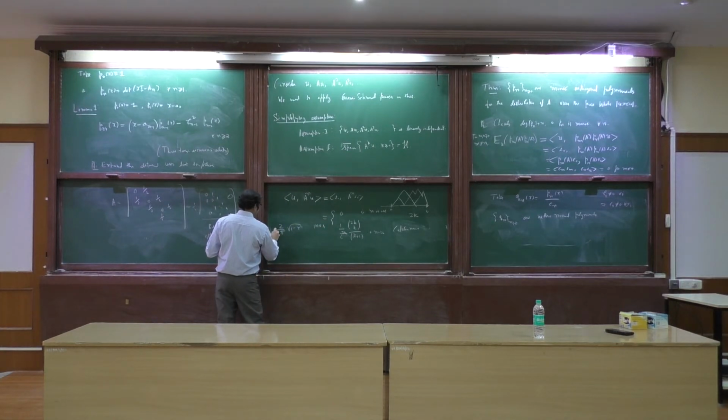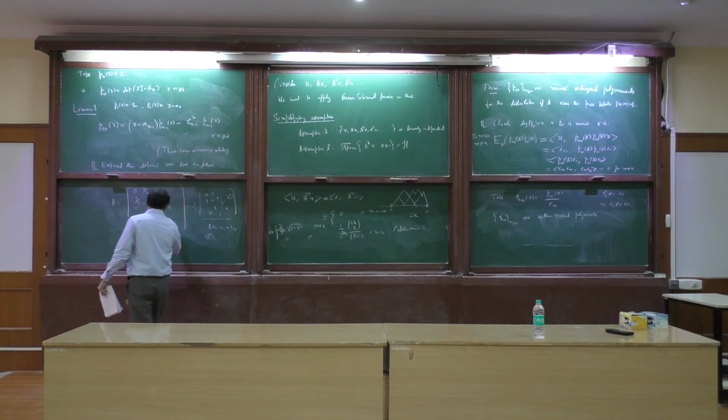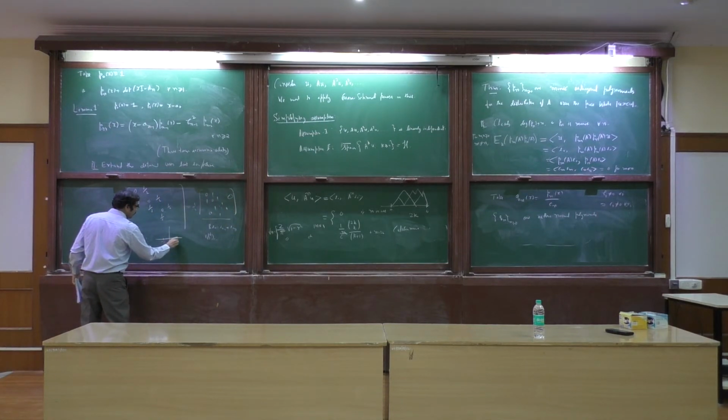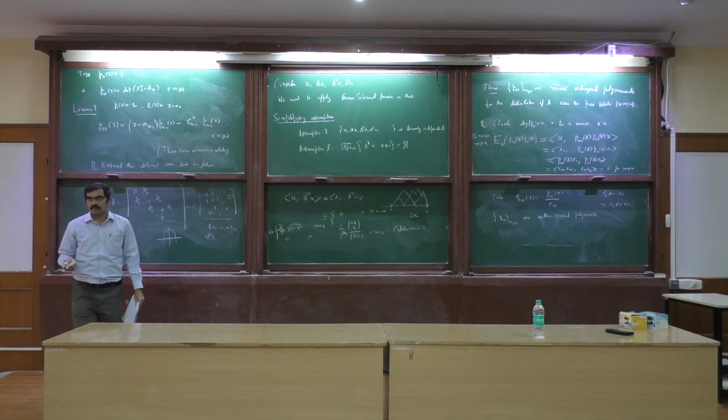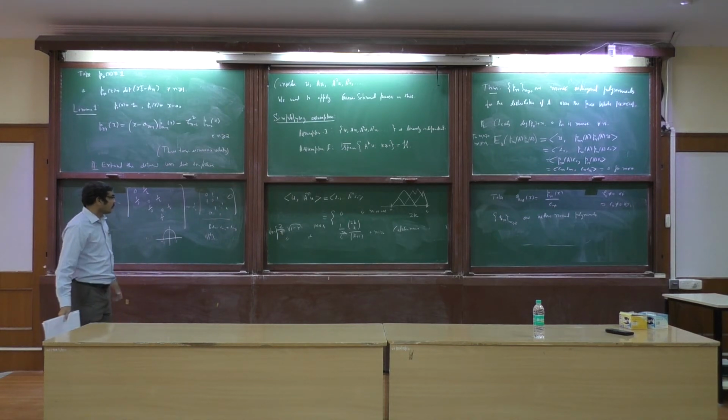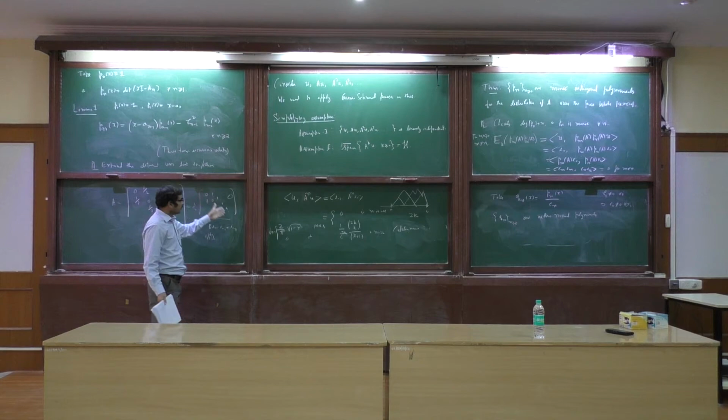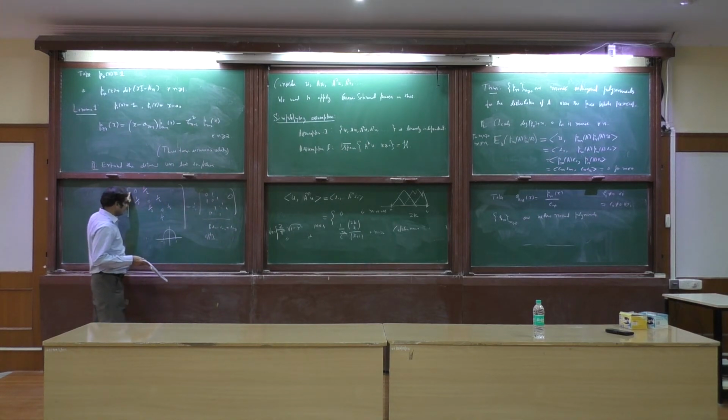So f of x is this, and 0 otherwise. So it's a density which is just concentrated on minus 1 to 1. Up to a constant it is a circle, so a semicircle. So it's called Wigner's law or Wigner's semicircle law. Everything is described by this matrix. The distribution of this on this pure state is Wigner's semicircle.